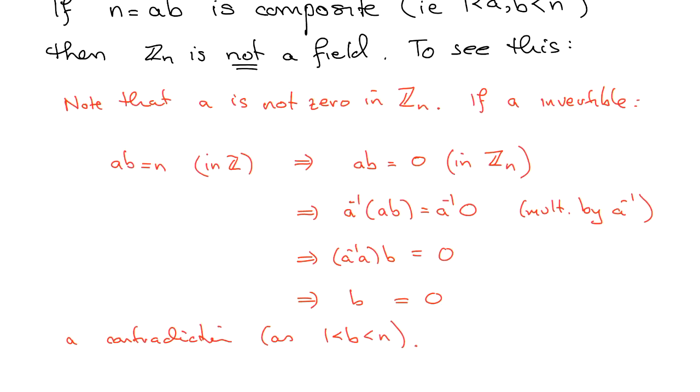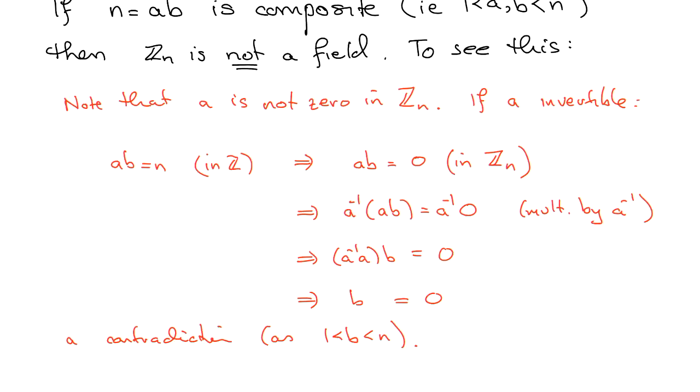You might notice that in this calculation I did something between here and here which wasn't quite an axiom. We're going to actually prove that 0 times anything is 0 in a few minutes, but of course we're working in Zn here where we know how to do things, so we don't have to be too worried.